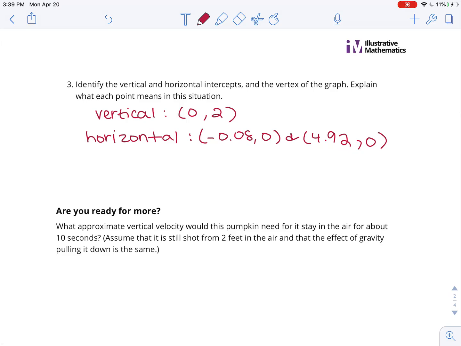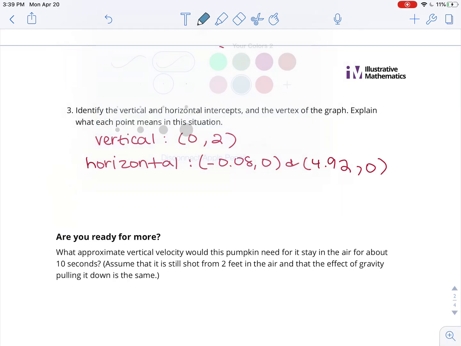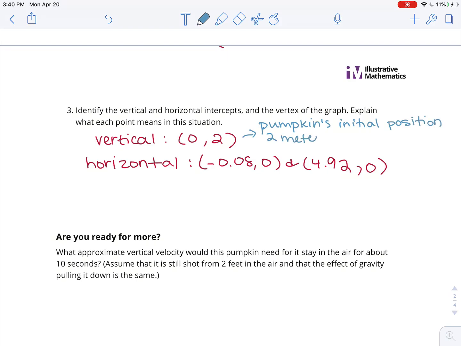Okay, and if we want to explain what each point means in this situation, the vertical intercept tells us the pumpkin's initial position before it was launched is about 2 meters above the ground.